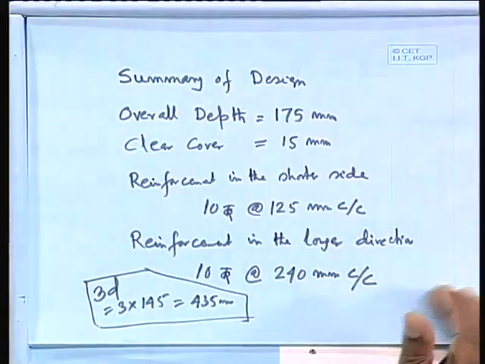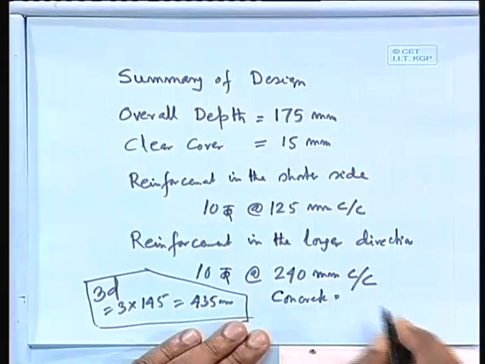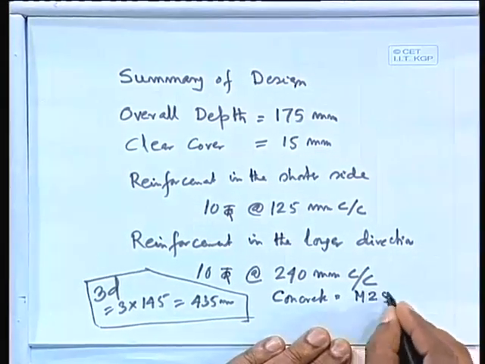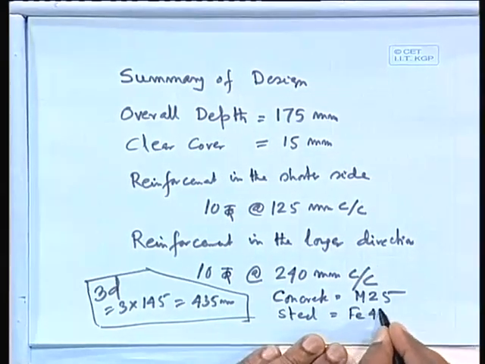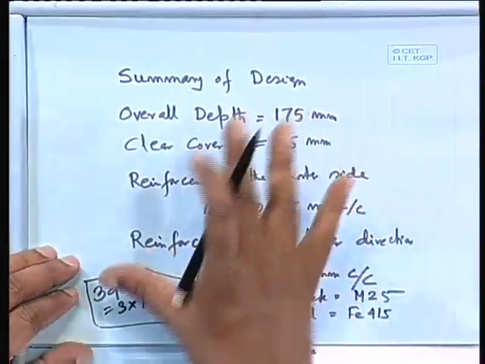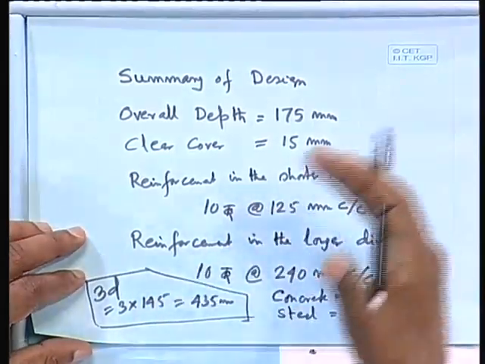This is the summary of design, and you also have to mention the concrete, M25 we have used, and steel Fe 415. At least this much should go to the draftsman, and from here he should be able to make the drawing. But we do not stop here; the draftsman requires at least one structural design sketch where the bar reinforcement and all those things are given.